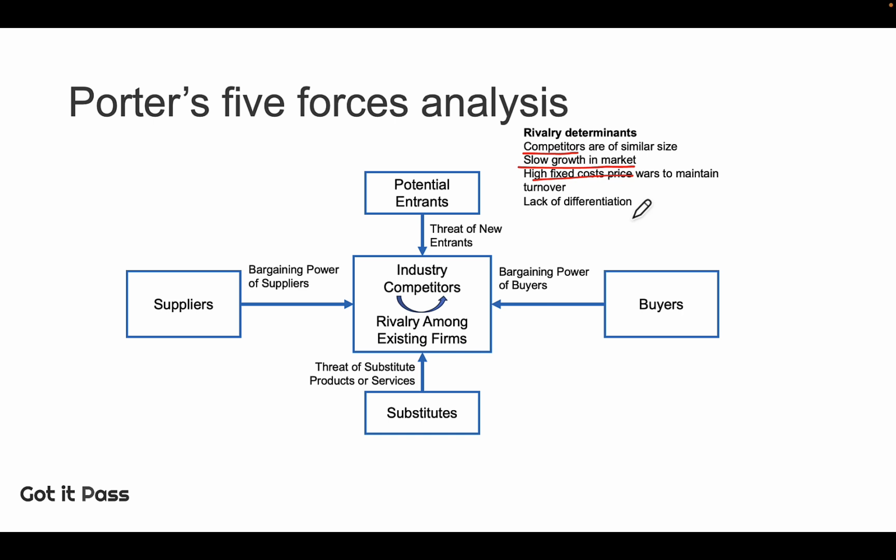First, high fixed cost. If the fixed cost is quite high, the company will need to cut prices to marginal cost levels to protect the volume. So there's a price war to maintain the turnover, and it can help to drive weaker competitors out of the market.